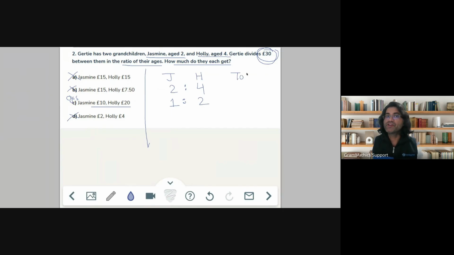I will also see total. If Jasmine gets 1 part and Holly gets 2 parts, there are a total of 3 parts. And the total money that we have is 30. So this 30 goes against the total.